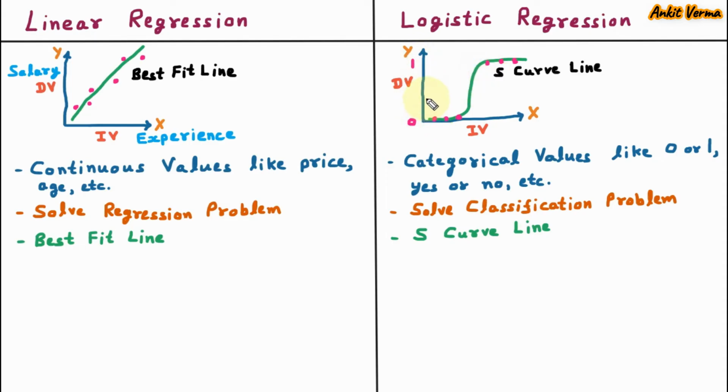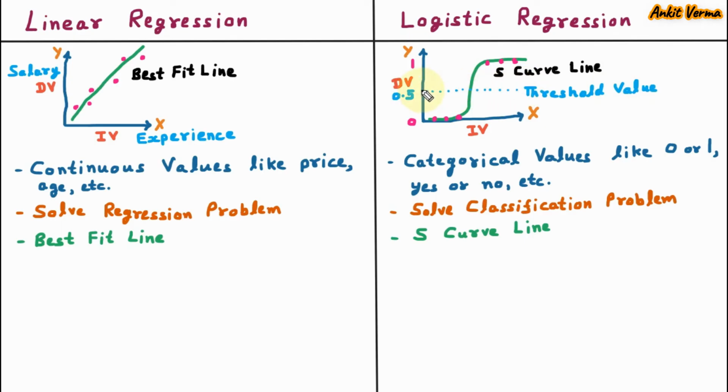Between 0 and 1 we have a threshold value, let's say 0.5. Let's take the example of exams. In the exam we have 0 marks to 100 marks. The people who have marks above 50 pass and below 50 fail. So here 50 is the threshold value.